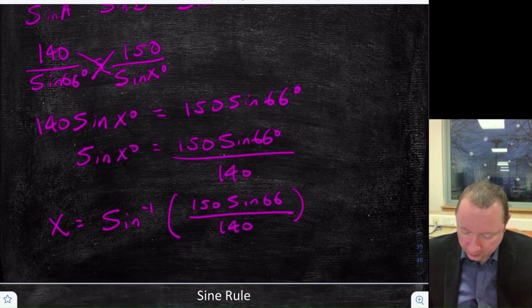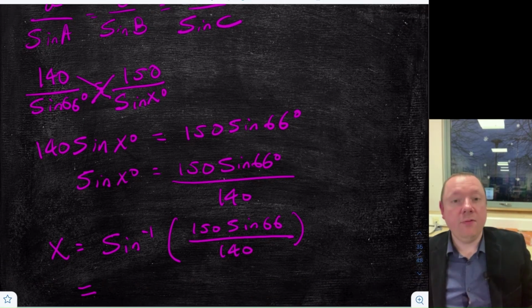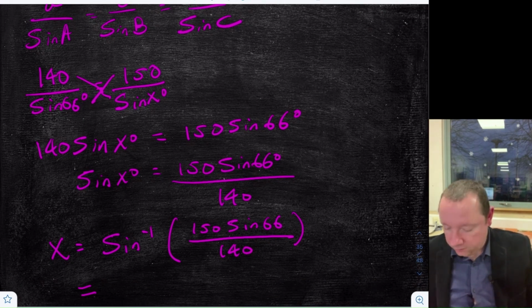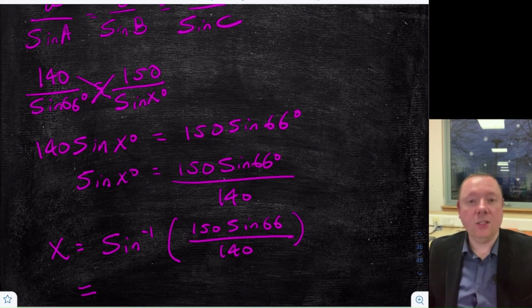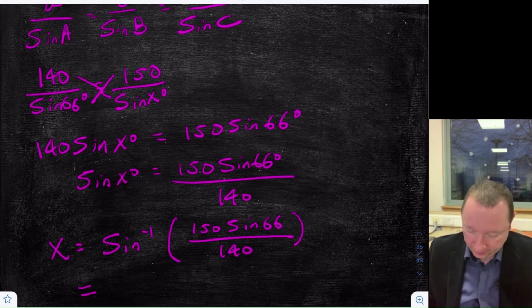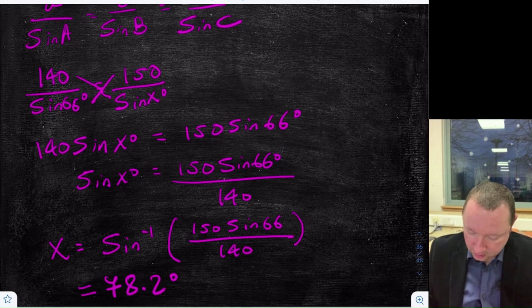Now you can do all that in a calculator in one step. Press inverse sine, open a bracket, 150 times sine 66, divided by 140, close your bracket, and you will get an answer of 78.18 or 78.2 degrees.